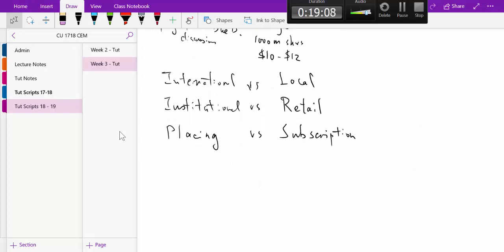Now, what does taking orders mean? So let's say you have a lot of funds out there. So Fund A is happy to buy 50 million shares at, let's say, $11. They will tell you that, okay? You tell them the price range, and they tell you how much they are happy to buy and at what price.